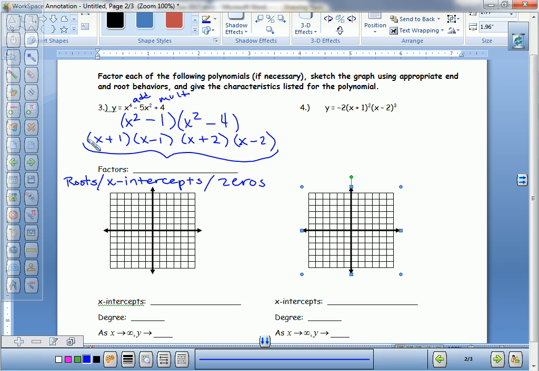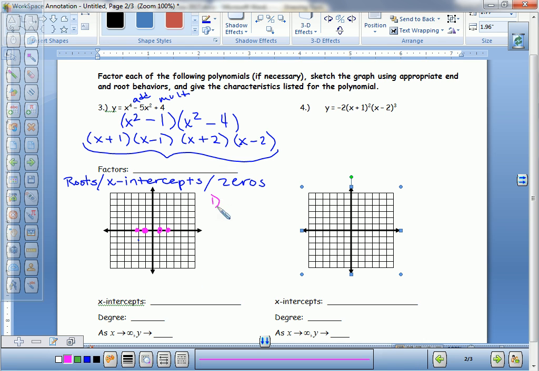So if this is a factor, x plus 1, what is the x-intercept that goes with that? Negative 1. If this is the factor, x minus 1, what is the x-intercept? Positive 1. If your factor is x plus 2, what is your x-intercept? Negative 2. And x minus 2 will give us positive 2.